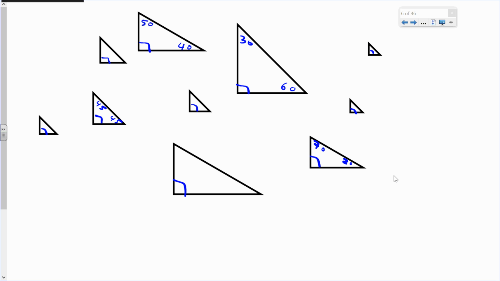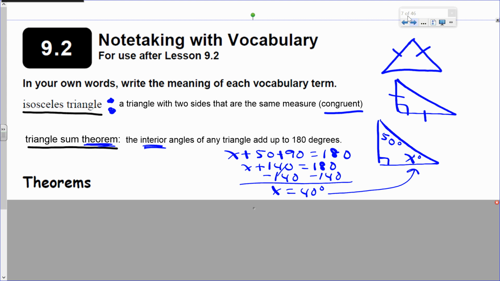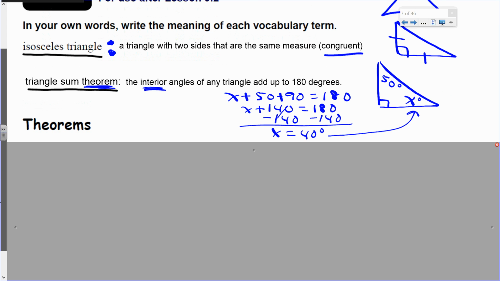This right triangle has a lot of special features and properties that help us in real life situations. That's what we're going to cover right now. And there's actually a theorem named after that kind of triangle, which is on your paper, called the 45, 45, 90 triangle theorem.